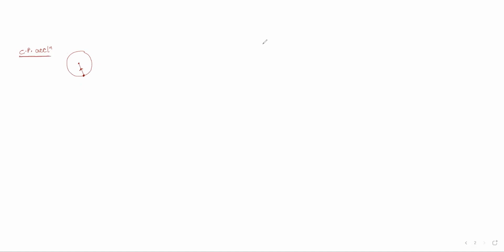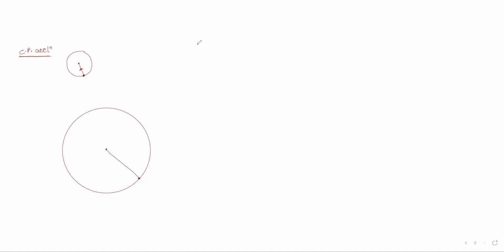So let's consider an object which is performing a circular motion on this track with center somewhere here, the center of circular motion, and let's say that we have an arbitrary position of the particle here.